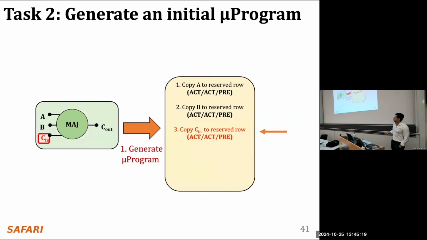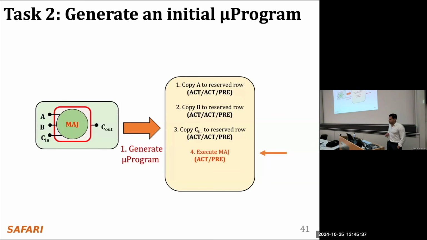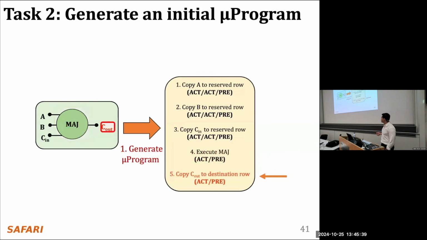So basically, we traverse the optimized majority inverted graph, and then we generate in-DRAM row copies for the input rows, so that we don't destroy the data, and then a majority operation to realize the input majority gates, following triple row activations, and finally a copy from the temporary row to the destination row for the computation. So this should give you a valid microprogram, or a valid sequence of in-DRAM operations, that would realize that computation inside the DRAM chip itself.